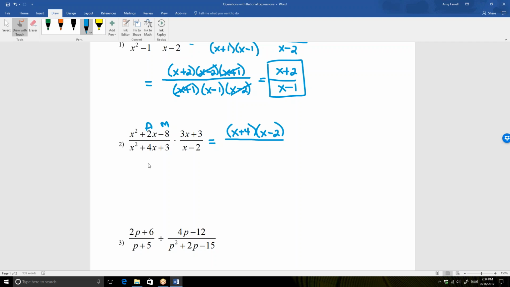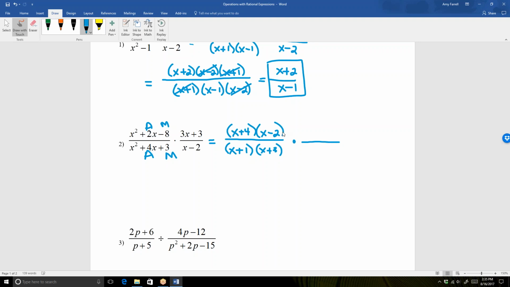The denominator here of the first rational expression, two numbers that add to 4 and multiply to 3 would be 1 and 3. So I will make my two factors x plus 1 and x plus 3. Those are my two factors.